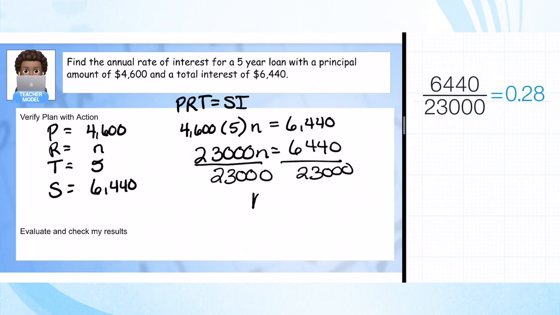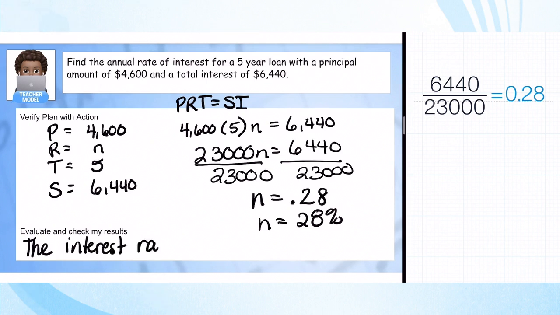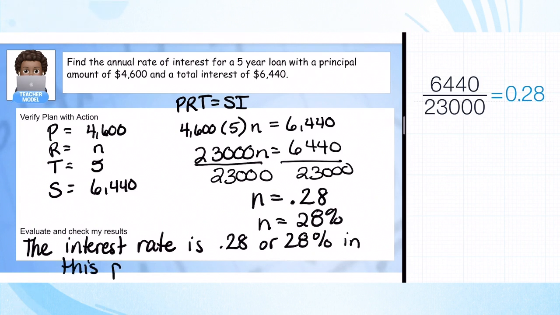And that gives us r is equal to 0.28, and we'll put that into a percentage, or r is equal to 28%. So there you have it. I'm going to write that down as our sentence. The interest rate is 0.28, or 28% in this problem. All right, Math Marvels, you can hit pause and jot this down.